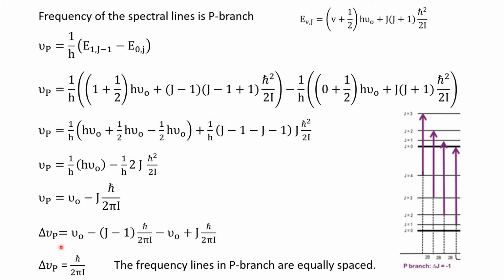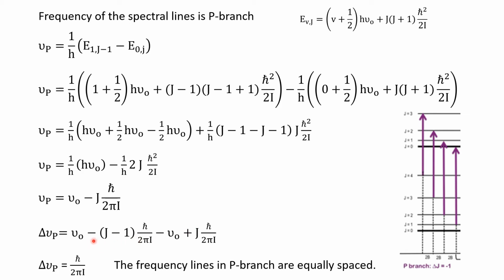We can also find the difference between two lines of this branch. For example, this one is from j = 3 to j = 4, and this is from j = 2 to j = 3. So the left one is j, and the right one will be j - 1.